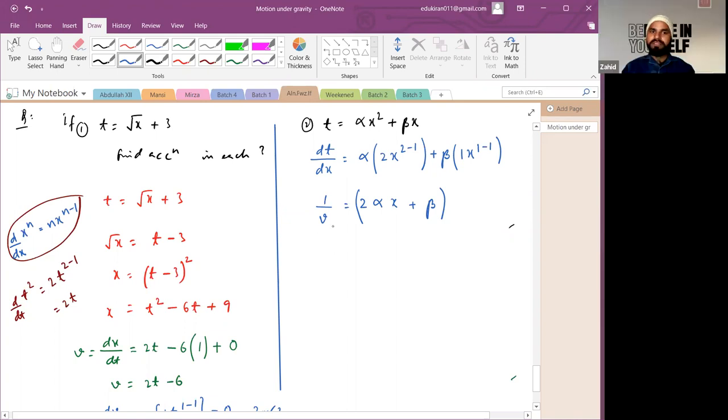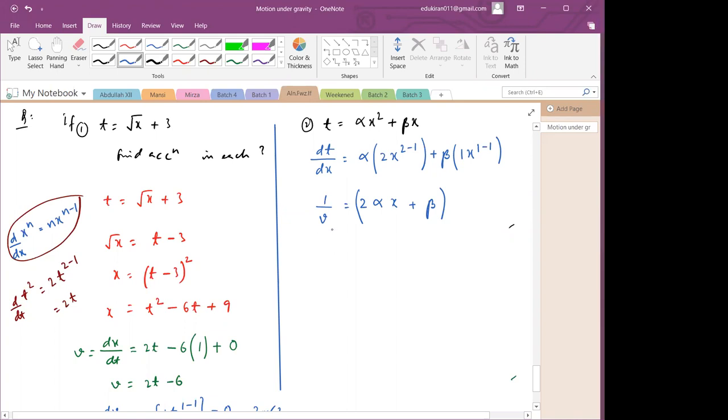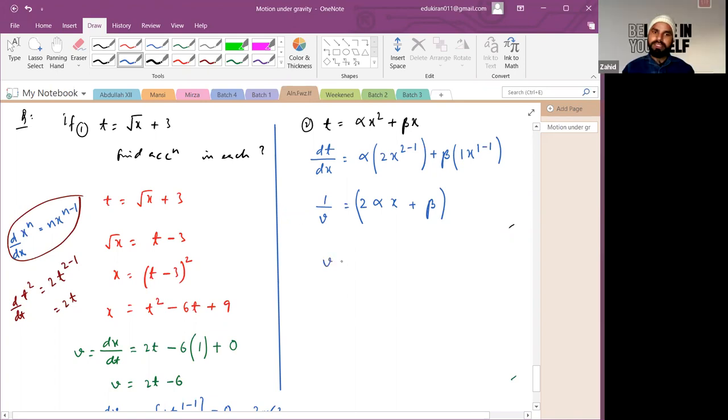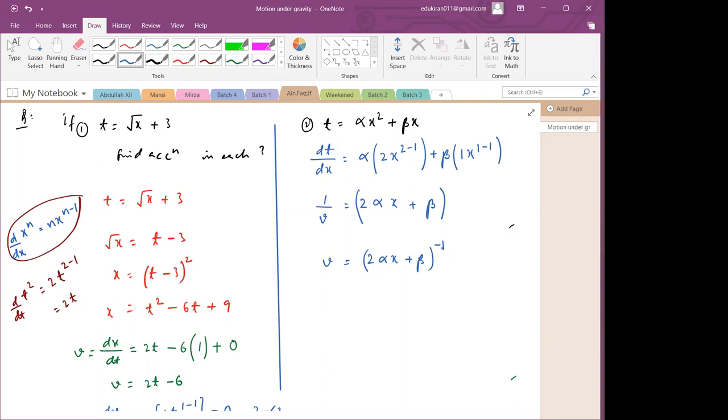Now, if you shift this particular term to the numerator, you will get velocity is equal to 2 alpha x plus beta in the denominator. So on moving it to the numerator, you will get minus 1 as exponent. Alan, is it clear? Yes, sir.